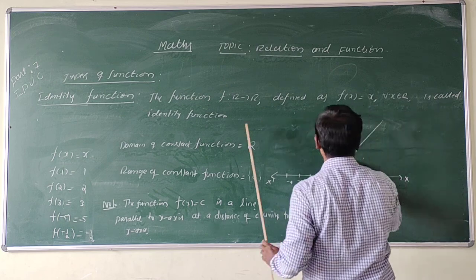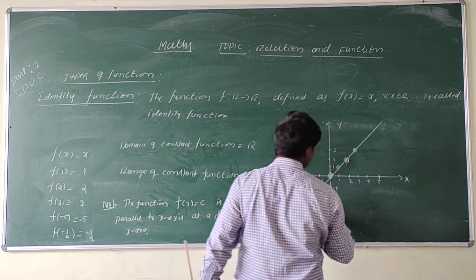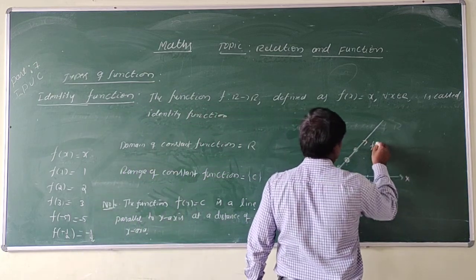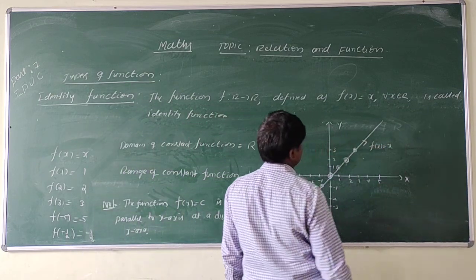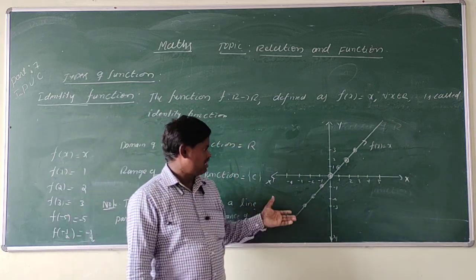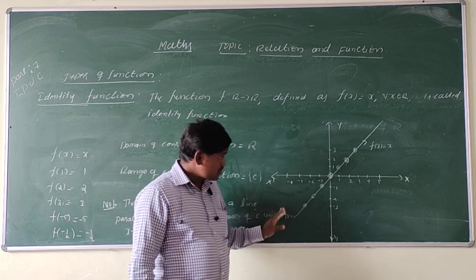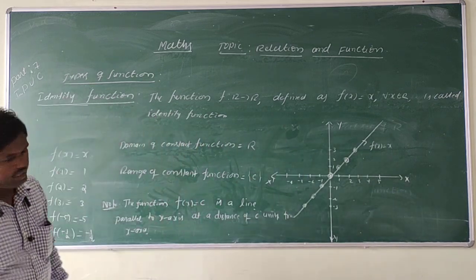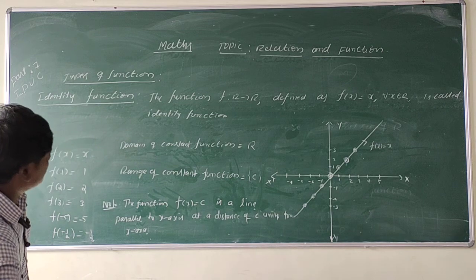So for the identity function, f of x is equal to x. That means it is a straight line passing through the origin. What about its domain and range?